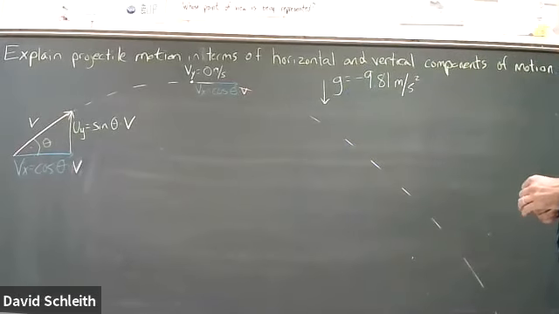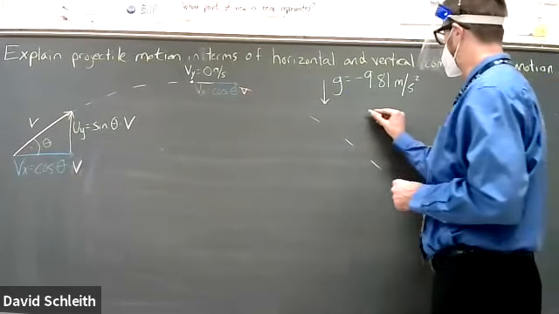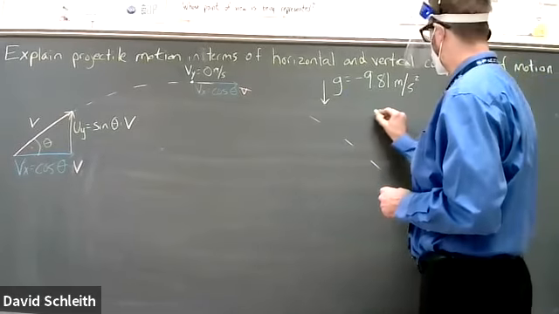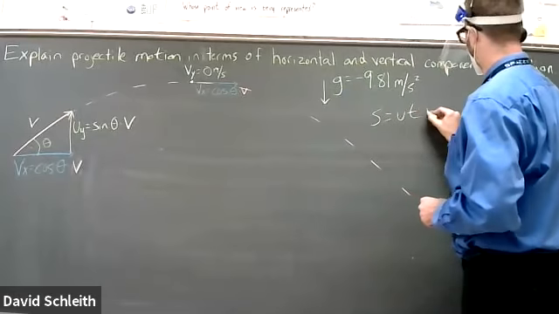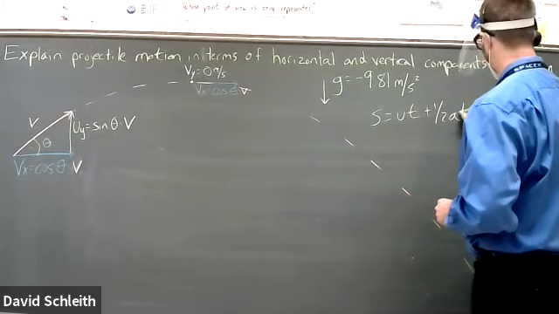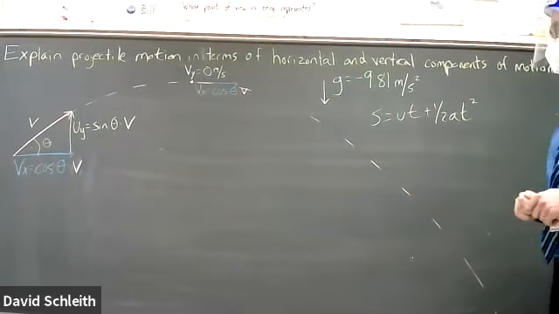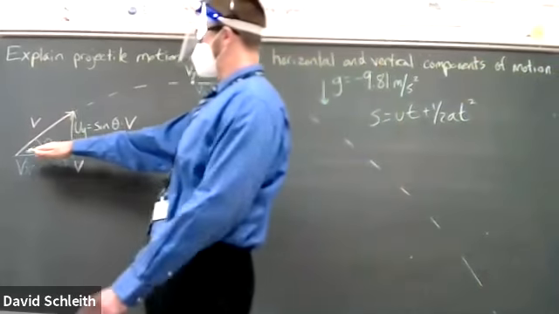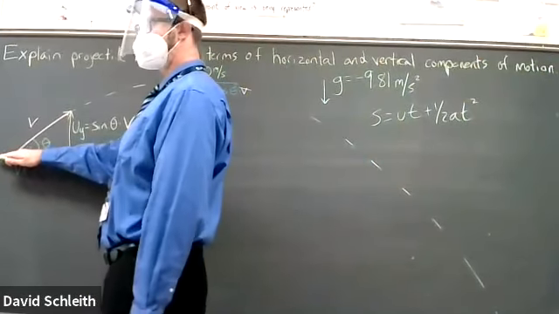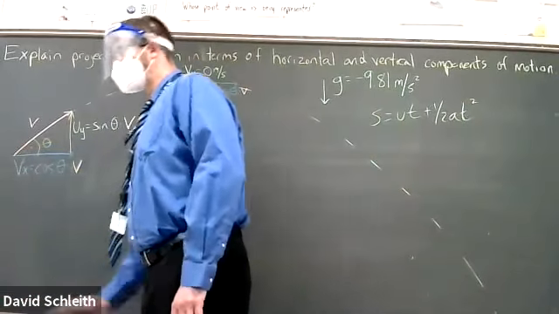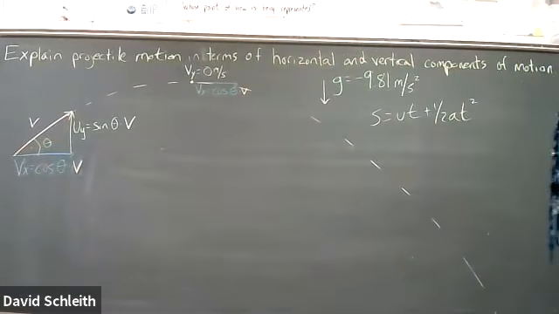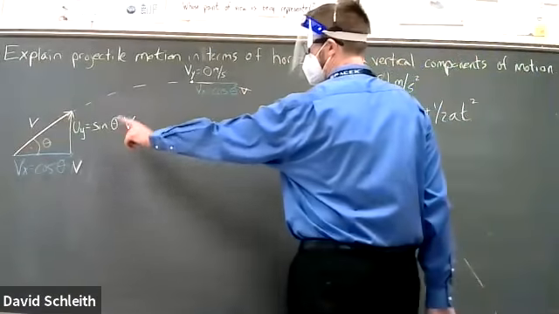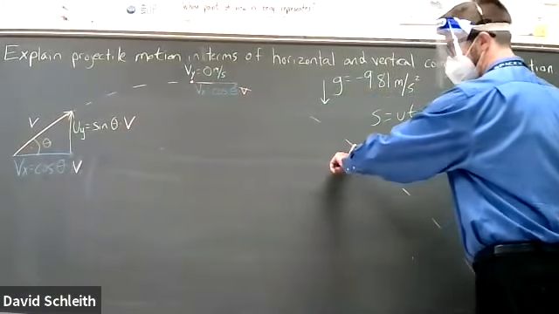We're going to start with an equation of motion: s equals ut plus 1/2 at squared. The displacement is going to be the difference from where I throw it to where it lands, okay? It's going to travel upwards, but then it's going to fall.